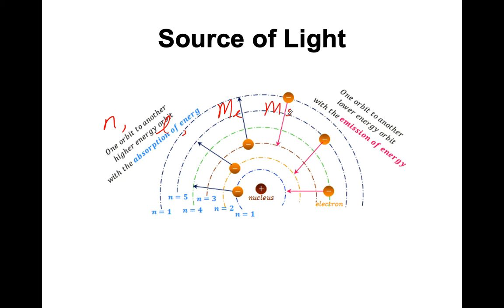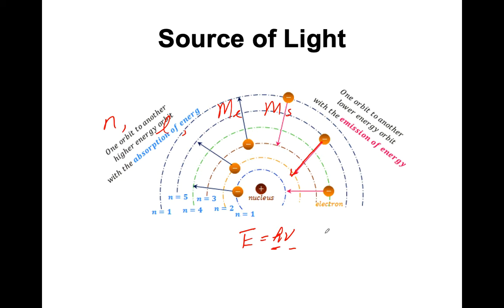When an electron from a higher energy level jumps back to a lower energy level, like this one, the energy released will be the difference of energy between these two levels, according to Planck's equation, where h is the Planck constant, and nu is the frequency of light.